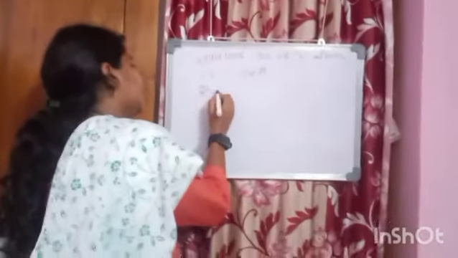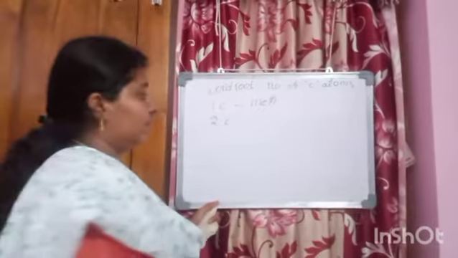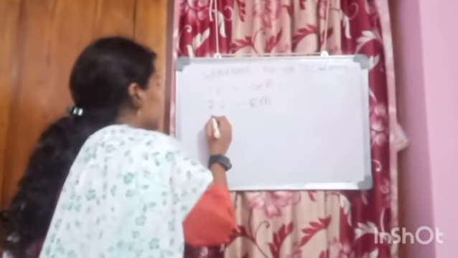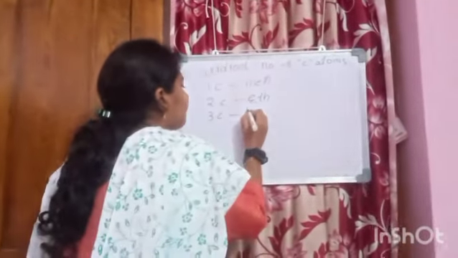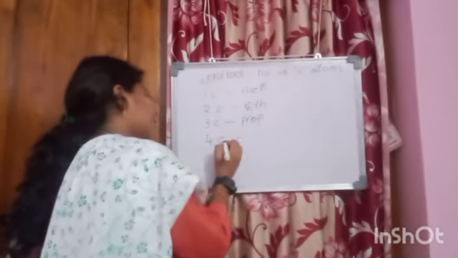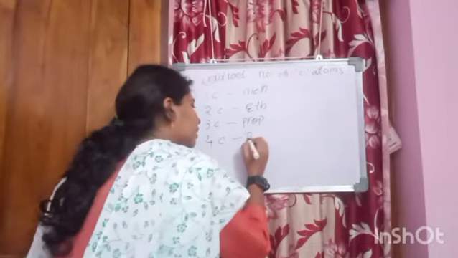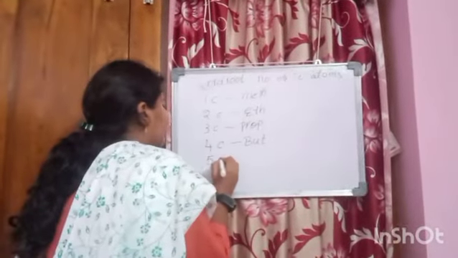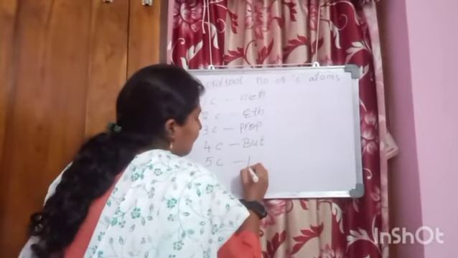If 2 carbon atoms are there in the chain, what do we have to call? Eth. If 3 carbon atoms are there, prop. If 4 carbon atoms are there, but. If 5 carbon atoms are there, pent.